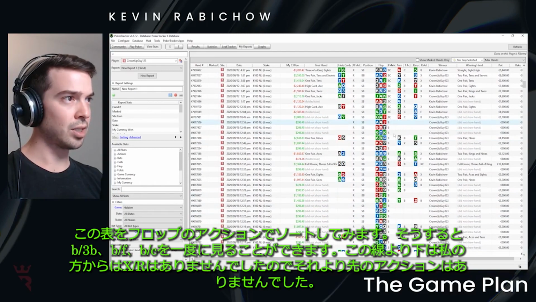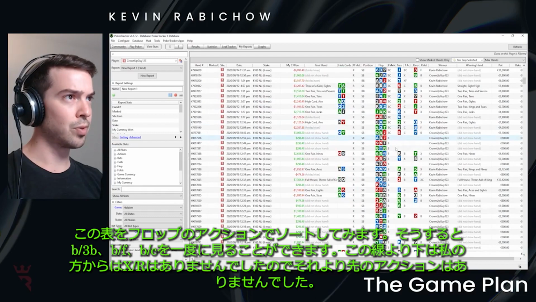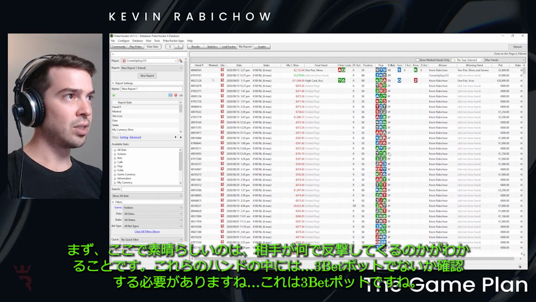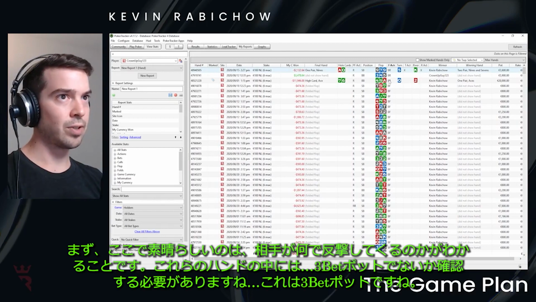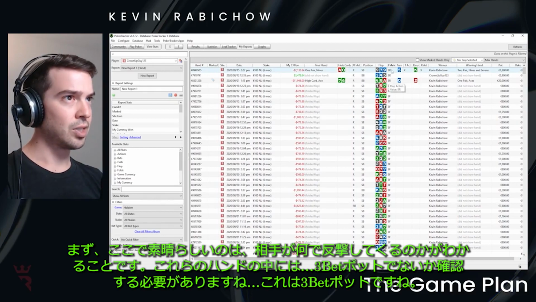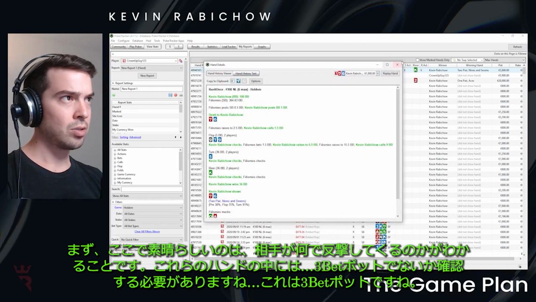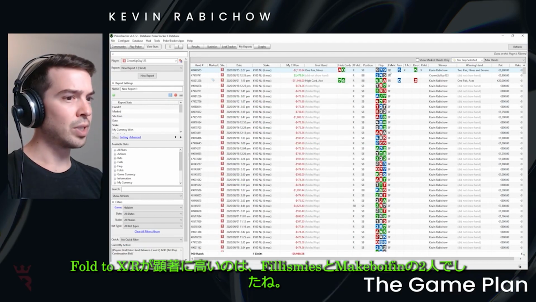Anything below this line, there was no raise on my part, so there was no further action. The nice thing here is we can see, first of all, what they are fighting back with. In some of these hands, I'm just making sure these are actually 3-bet pots. Yes, they are.